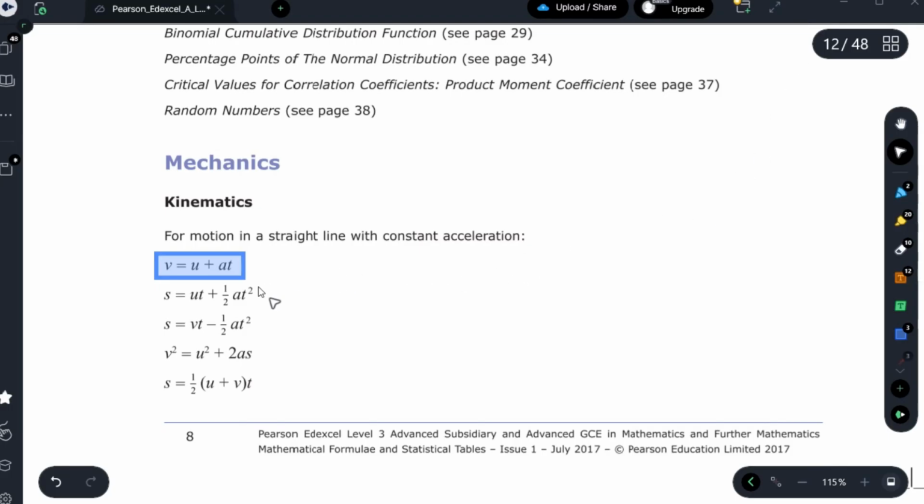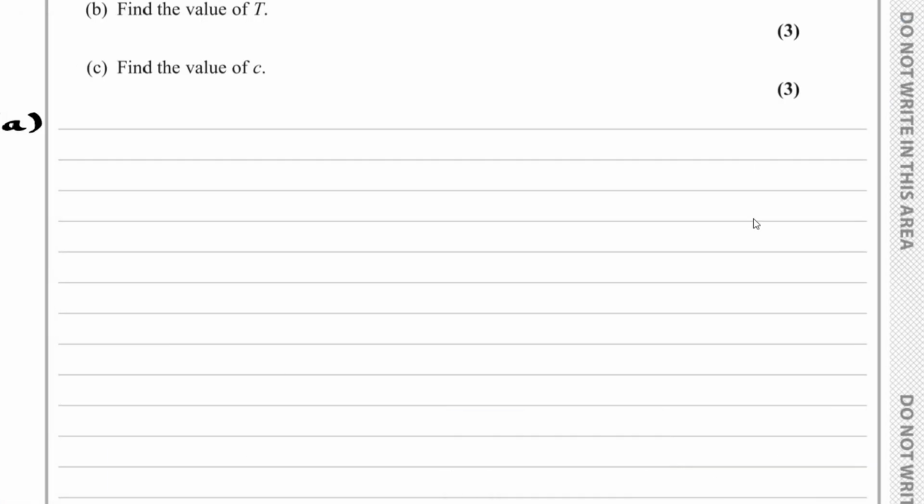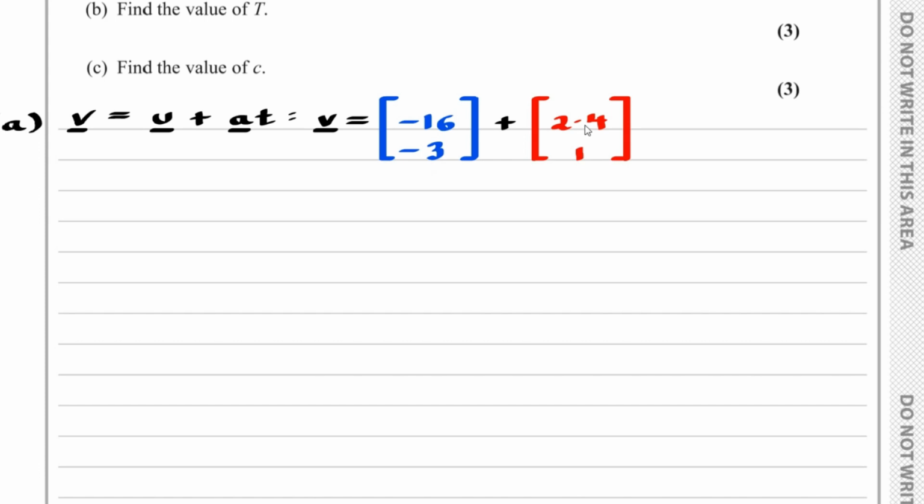As we have constant acceleration, we are required to use the SUVAT equations. We will be using v equals u plus at. Using v equals u plus at, we are finding out what v is. This is equal to u, which is negative 16i subtract 3j, plus a, which is 2.4i plus j, multiplied by t, which is 5.